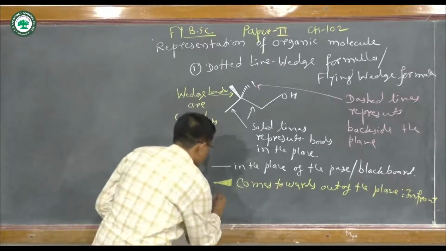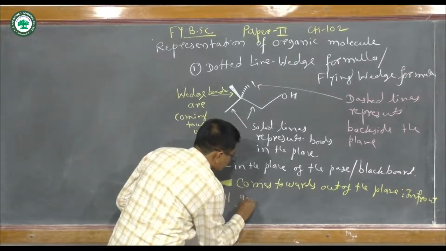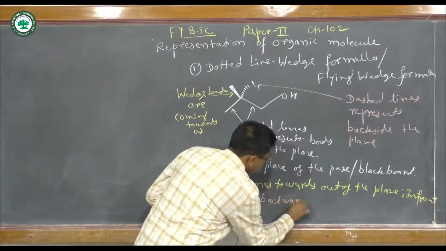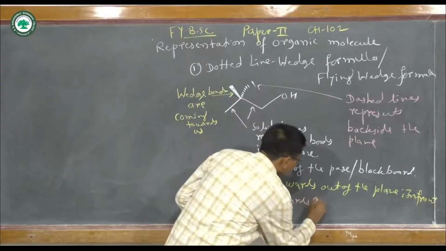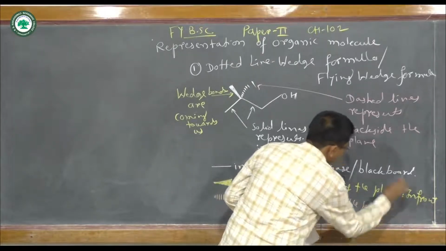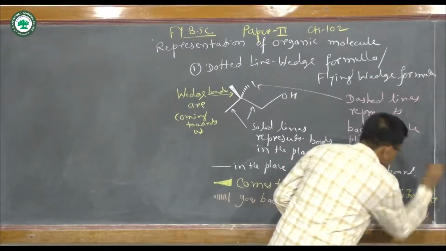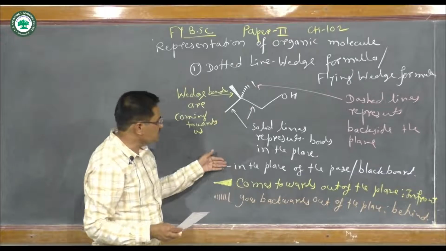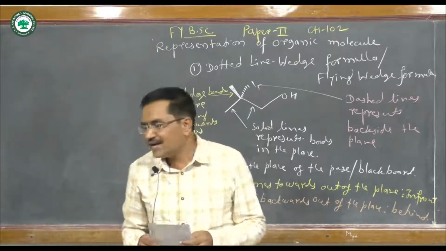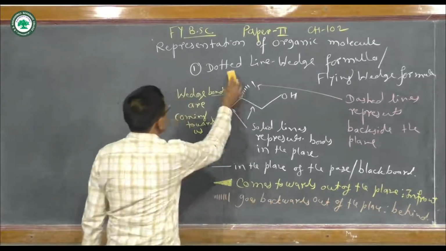And dashed lines go backward, out of the plane, meaning behind. With the help of this representation, we can draw a tetrahedral structure on the blackboard as well as on the paper.